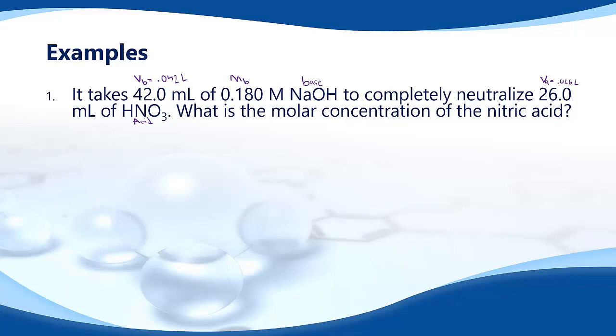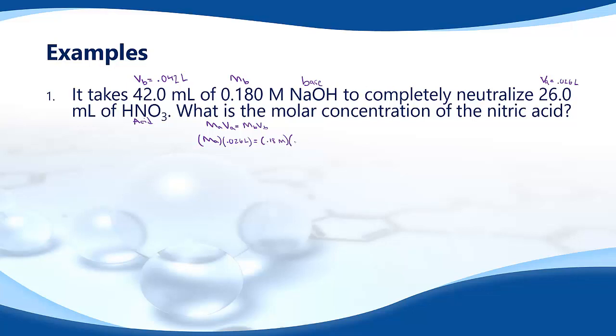All right, so now we're going to plug this into our equation. MAVA equals MBVB. Right, so MA we don't know. VA is 0.026 liter, equals molarity of the base, 0.18 molar. Now I'm going to leave out a lot of the zeros here to make my writing a little bit quicker, but we can just mentally put those back in when we do sig figs.